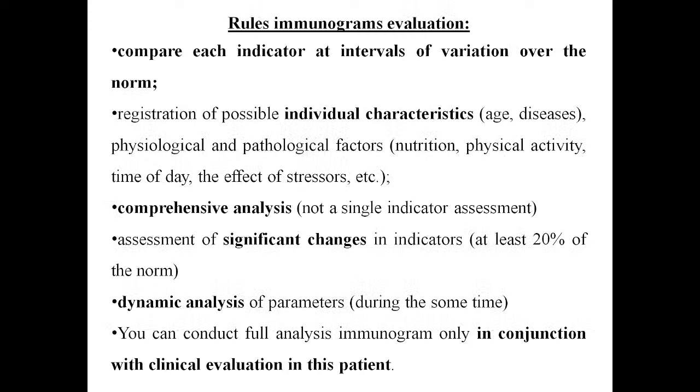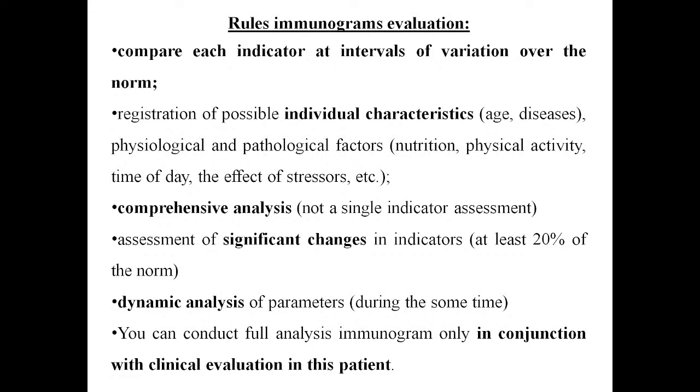How to evaluate an immunogram? We should compare each indicator at intervals of variation over the norm. Then we should register possible individual characteristics: age, disease. For example, with age we know that the amount of immune cells decreases in older patients, and we should understand it.